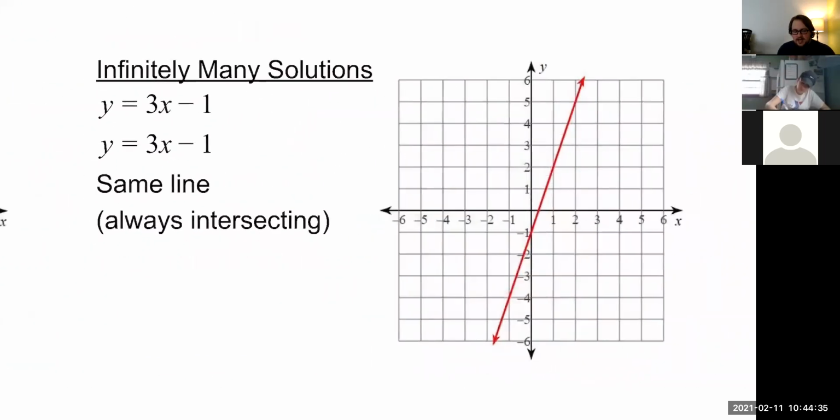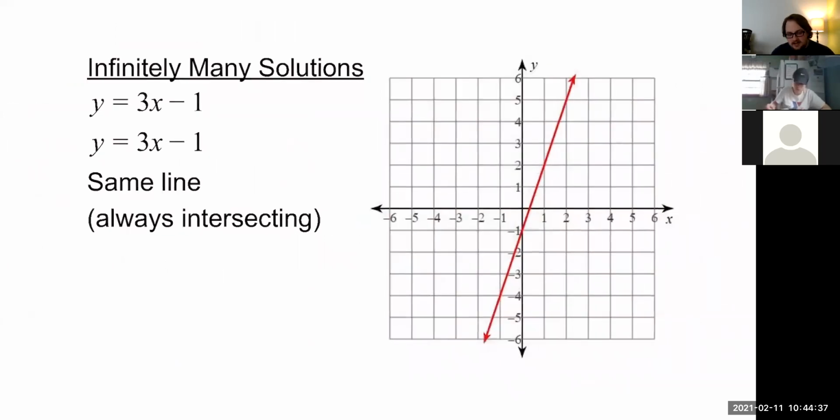The second special case is infinitely many solutions. Now, let me ask, what do you notice about the two equations I've given you here? They're the same.